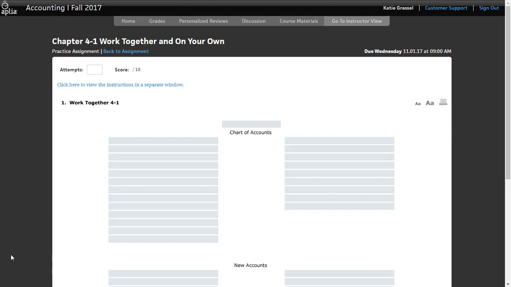And what we do for that chart of accounts is we take each account and we list them in an order. And the order is going to vary depending on the type of an account. So we know our account classifications of assets, liabilities, owner's equity, revenue, expense, withdrawals. So each account is going to have a number.